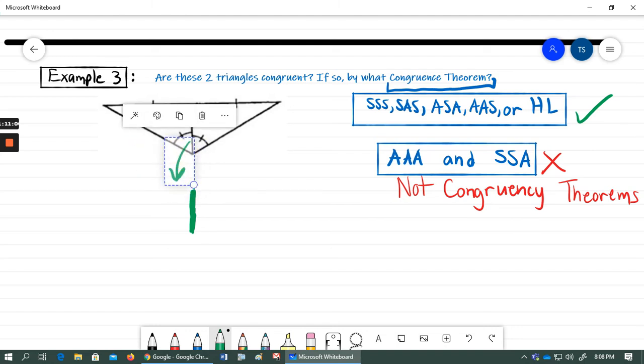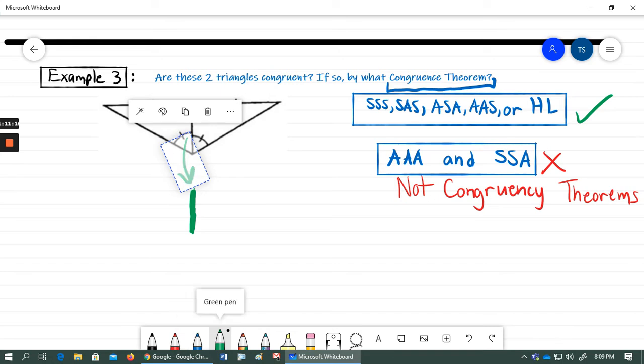If you notice that, that right there. Alright, so again, that is the same shared side for both triangles.